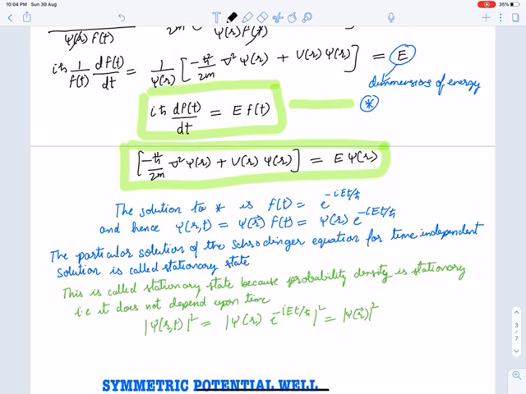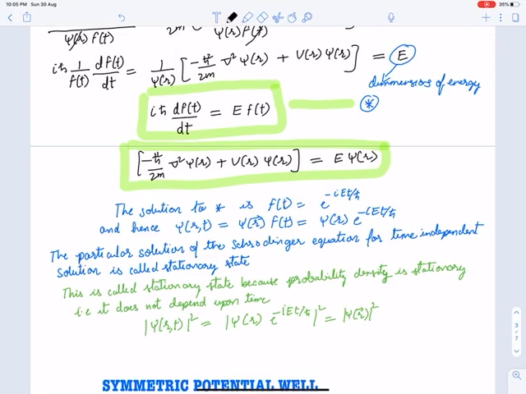Basically what it means is that the probability density is stationary, that is, it does not change with time, or you can say it is constant. That's why we call it a stationary state solution, because it does not depend upon time when we take the probability density of this equation.